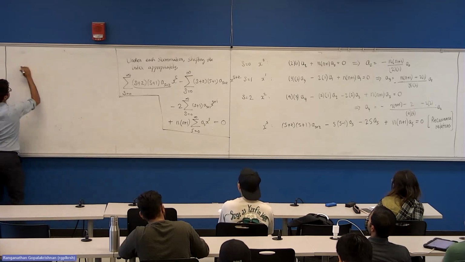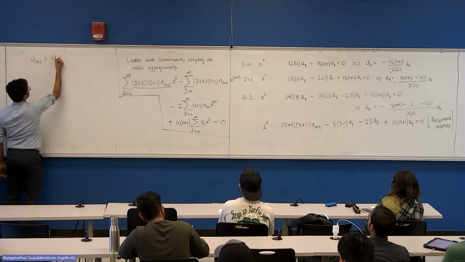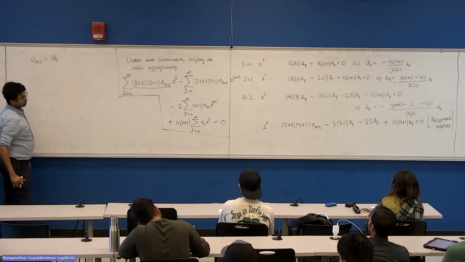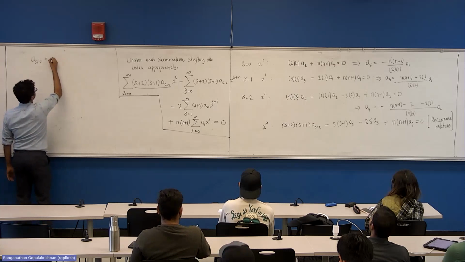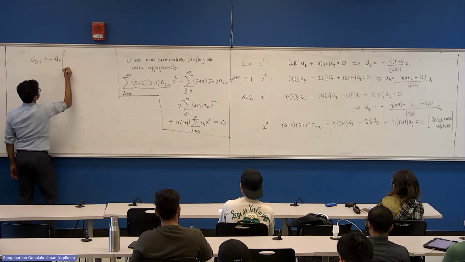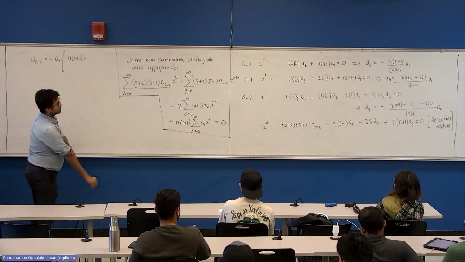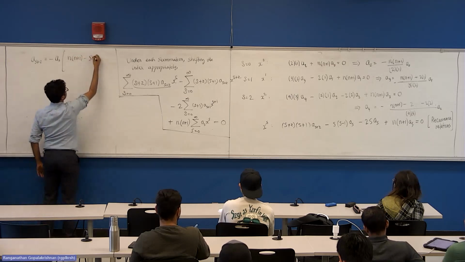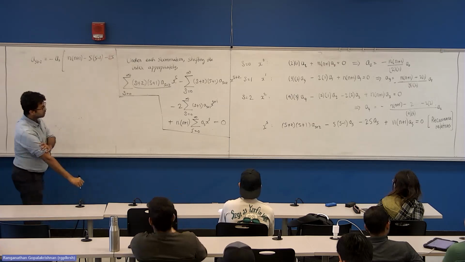So can you rearrange and get a_{s+2} is equal to a_s multiplied by something? What is that something? That something would be minus a_s times n plus 1 minus s times s minus 1 minus 2s, right?